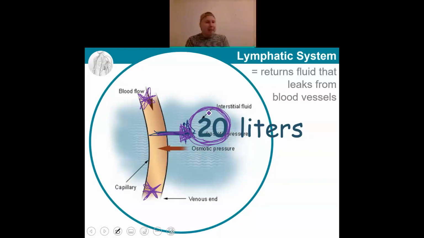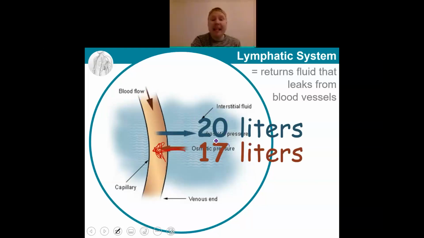But we don't end up really swelling a lot during the day because we also have the osmotic pressure. So some of it gets picked back in. And it is going to be 17 liters of plasma. And remember, we now use the word interstitial fluid rather than plasma. 17 liters of that actually gets picked back into the capillaries.